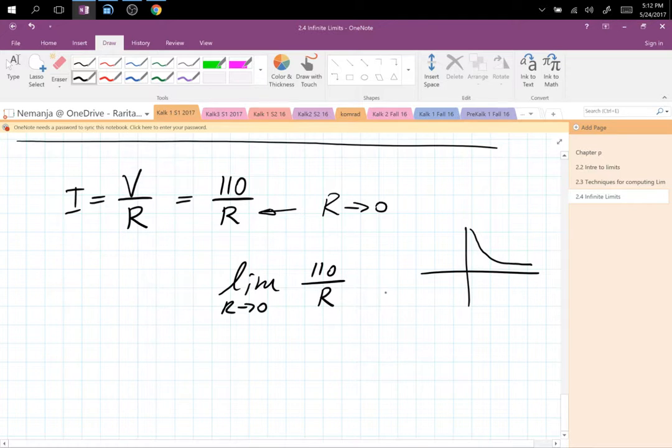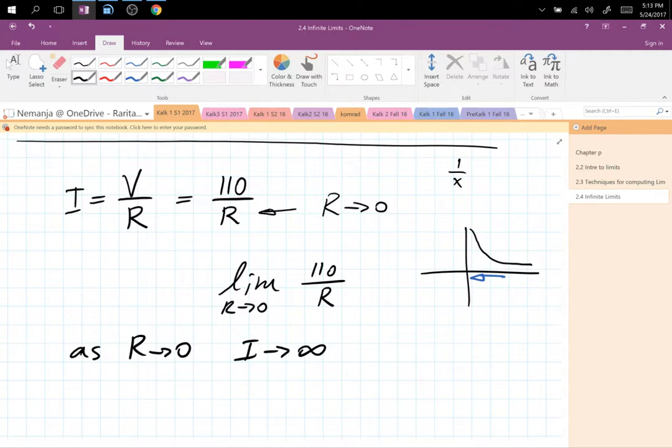You can see that this graph is equivalent to 1 over x, and you know how 1 over x graphs. So now what you see is that as you are approaching 0, the answer goes to infinity. So as resistance goes to 0, current goes to infinity. So it's no longer 1 amp or 2 amps, it is trying to reach infinity.